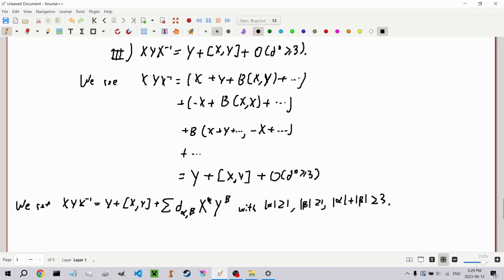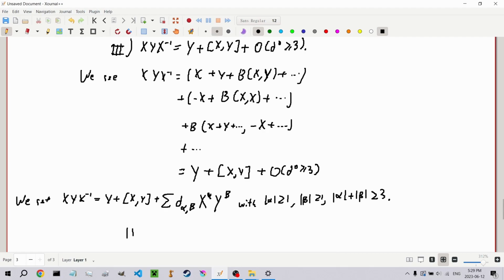And similarly, we can get some more formulas. The proof is just that same kind of sludging through a bunch of terms. We get y inverse x, y. This one you can just do by substitution. You get x plus the bracket of x and y plus higher order terms.